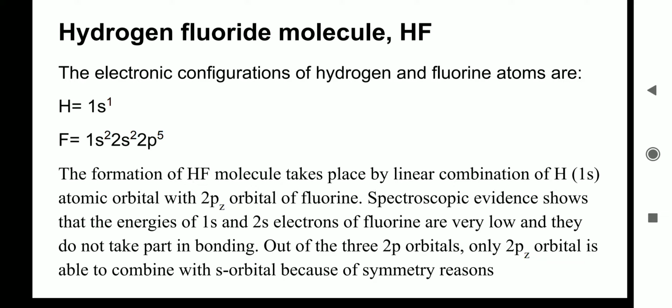This 2pz orbital is capable of combining with the s orbital because of symmetry reasons. 2pz is inclined towards the internuclear axis and 1s is spherically symmetrical. So there is no symmetry problem in the head-on overlap of these two orbitals, and thus 1s1 of hydrogen will only overlap with 2pz of fluorine, which contains 1 electron.